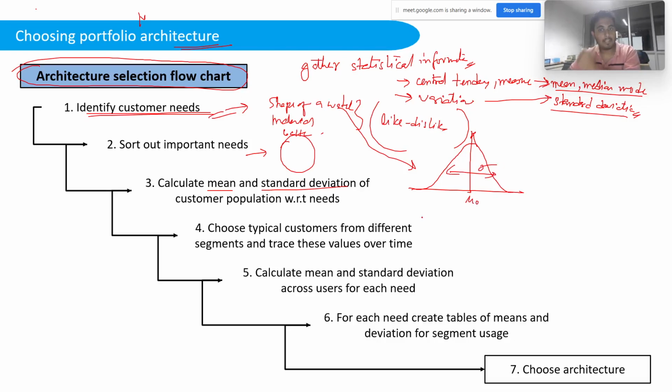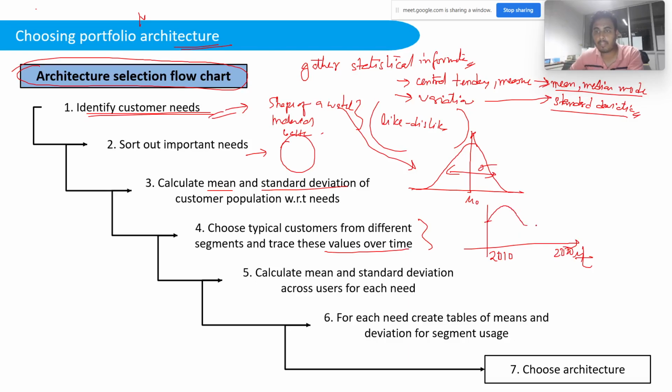Next, over a period of time, does this particular need change or not? That means, if you take this as time, from 2010 to 2020, does the population change?